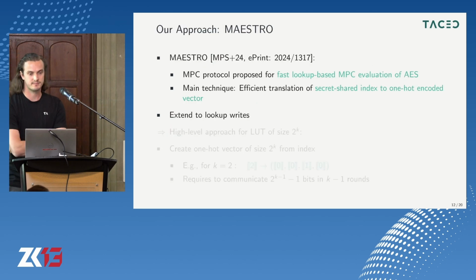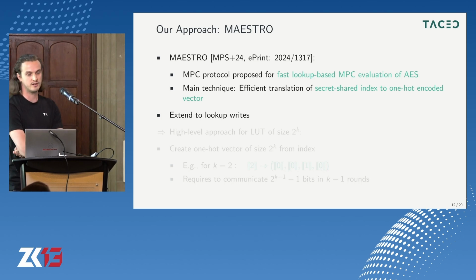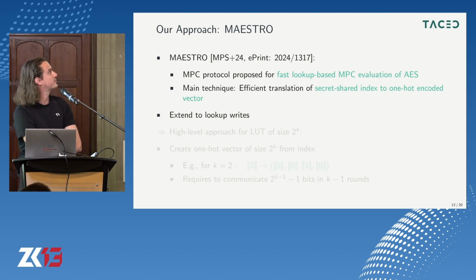Okay, let's look at how we implemented this in CoSNARK. We based it on Maestro, which is an MPC protocol for evaluating AES encryptions in an MPC way, so it is focusing on the S-box part of AES.